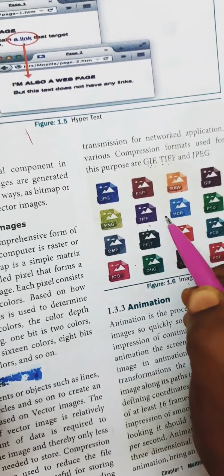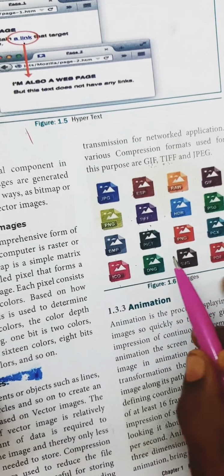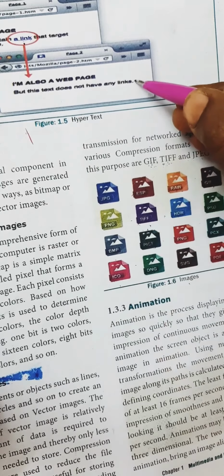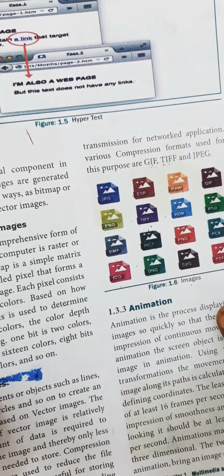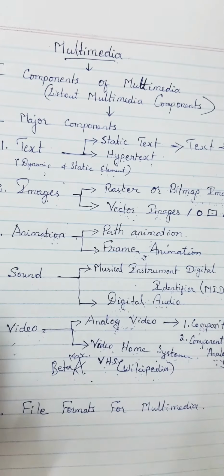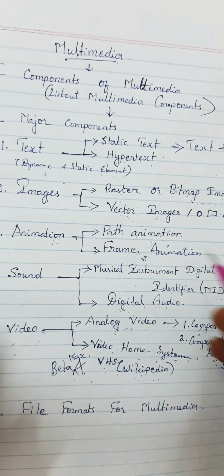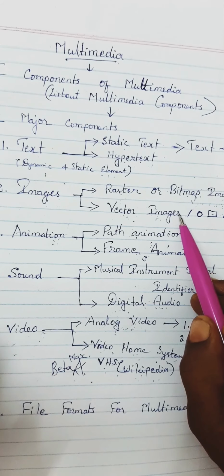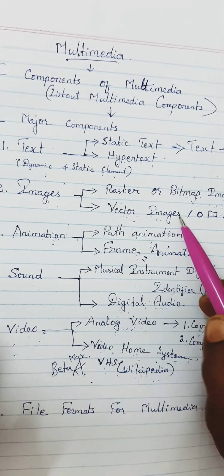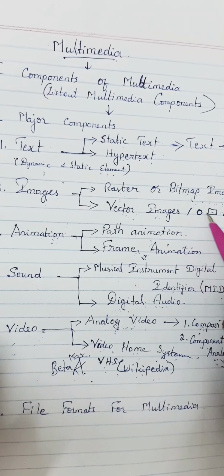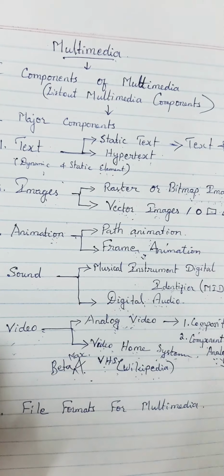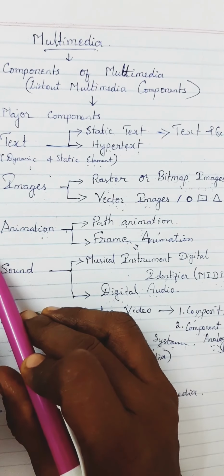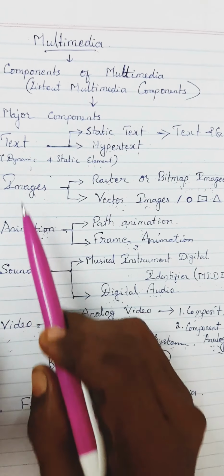While clicking on that icon, it links to the particular platform and shows the image, which is your vector image. That vector image is not only your ready-made packages, but also whatever you draw, line, circle, rectangle, triangle, we can place that also. Then the second one, images, is completed.